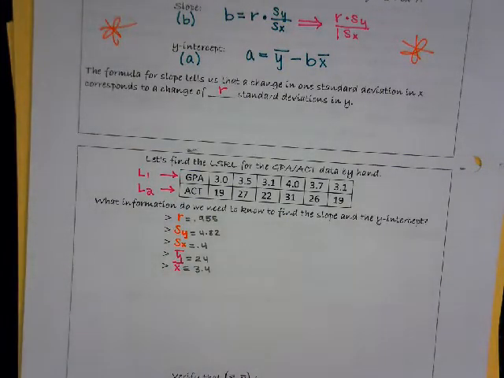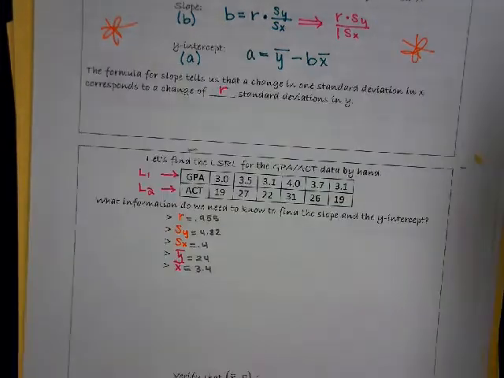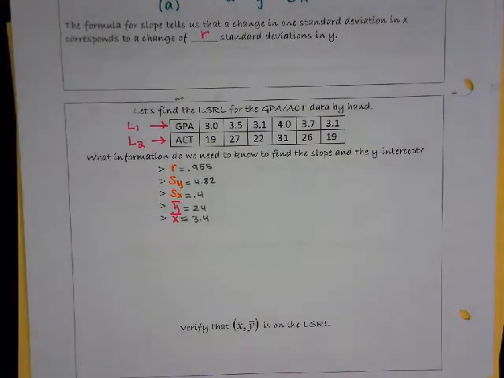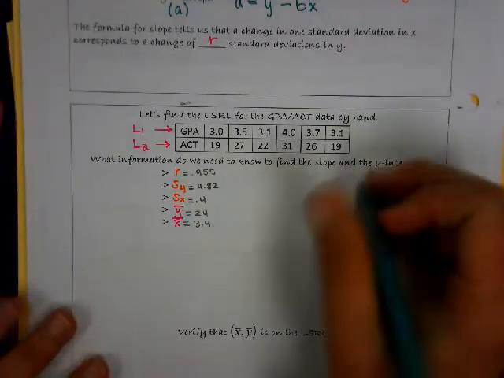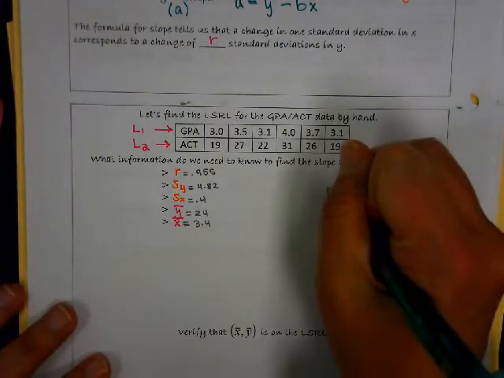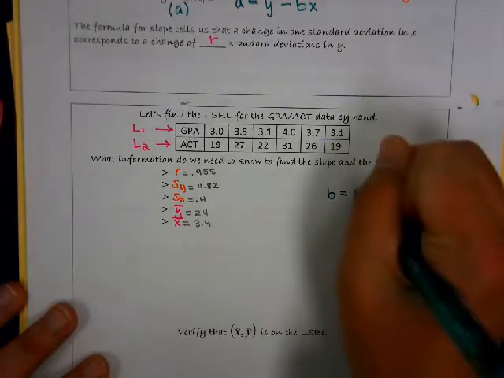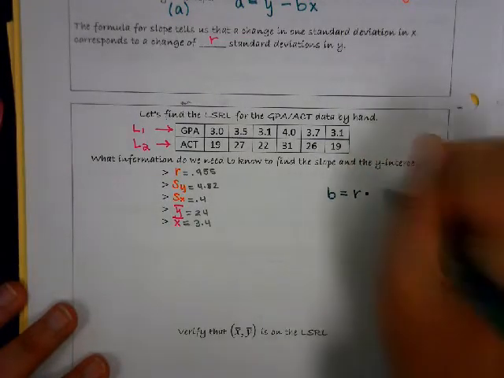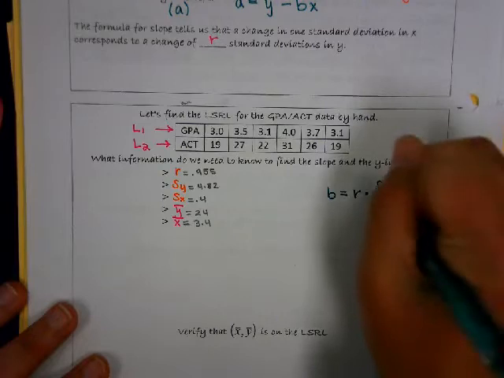Okay? All right. So now that we have all our information, we're going to use the formulas to find our slope and our y-intercept. So to find slope, you take your r and you're going to multiply it by the standard deviation of y divided by the standard deviation of x.